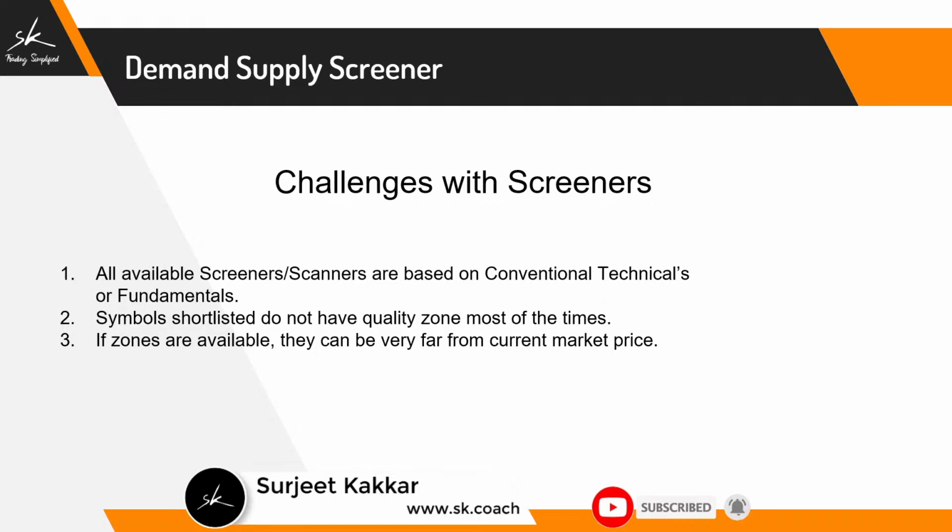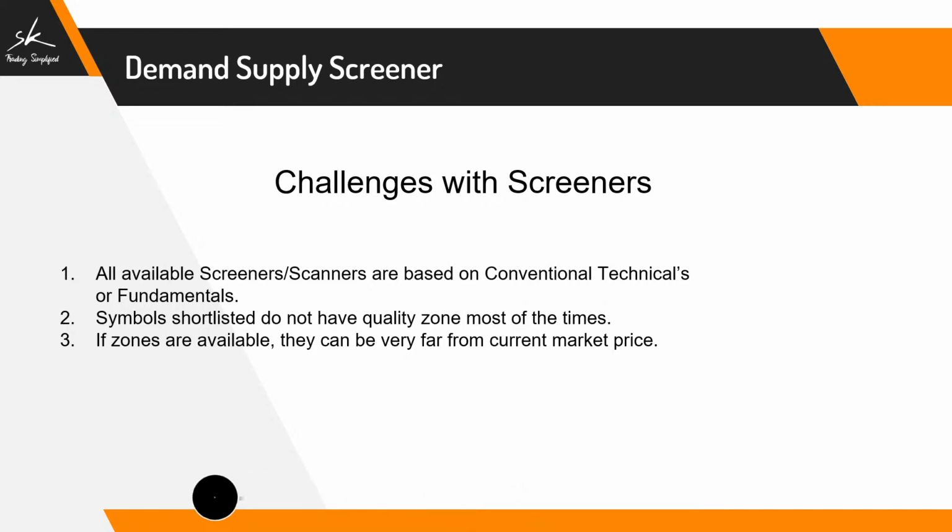And if they are pretty far away, by the time prices come into your demand or supply zones, your conditions might also change on the chart, which might make that trade an invalid trade compared to your trade plan. So these are the challenges that we face when we're using scanners or screeners which are based on conventional technical analysis.